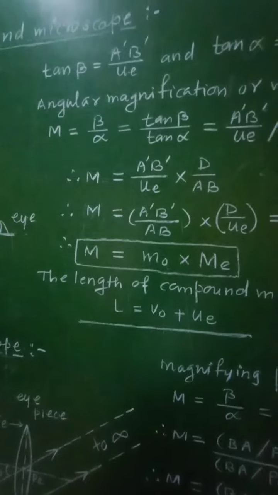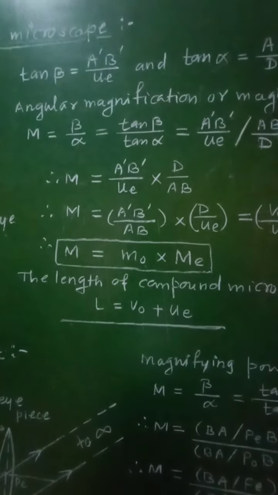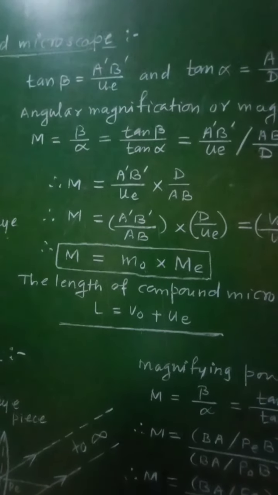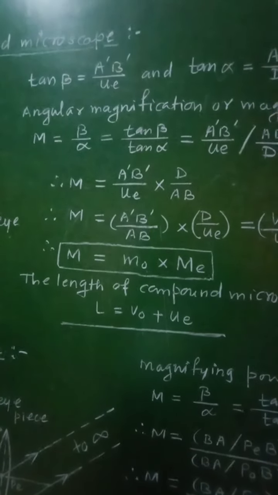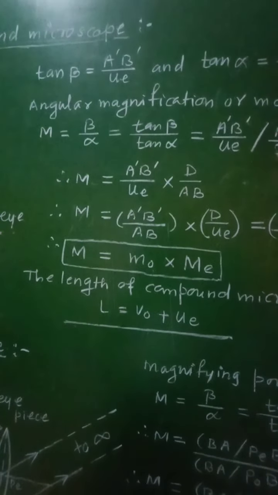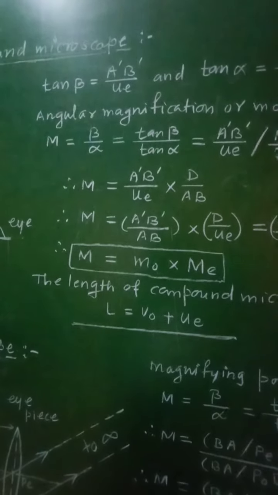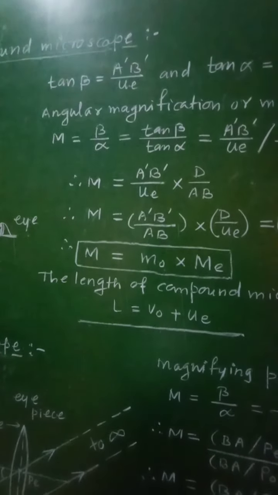In this case, the second lens, that is the eye lens, acts as the simple microscope, and therefore its magnifying power will be D by FE for minimum and 1 plus D by FE for maximum for final image at the distance of distinct vision.